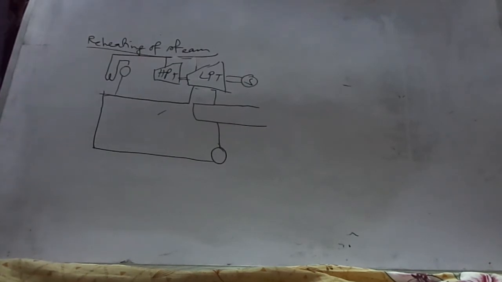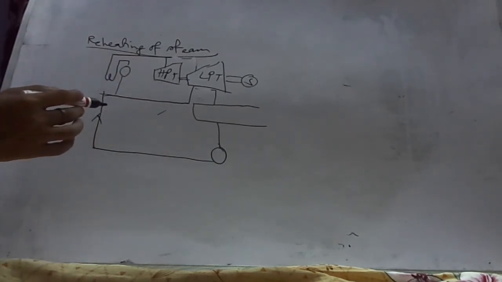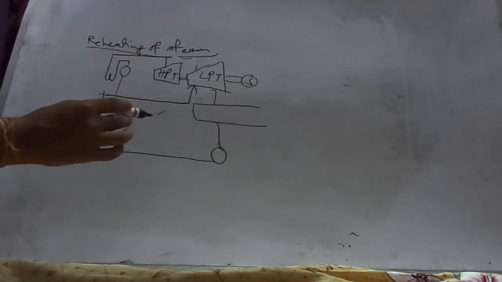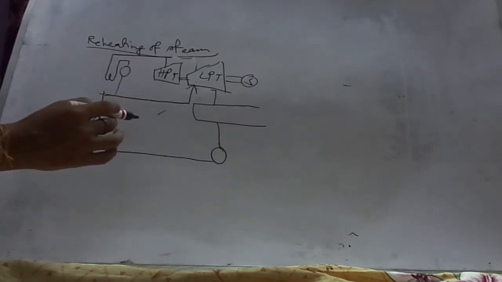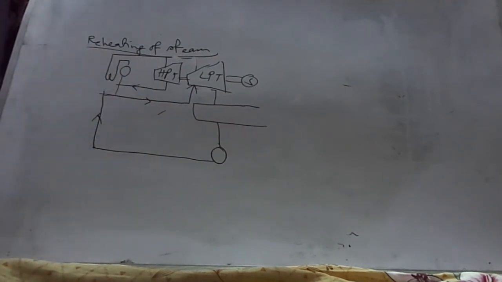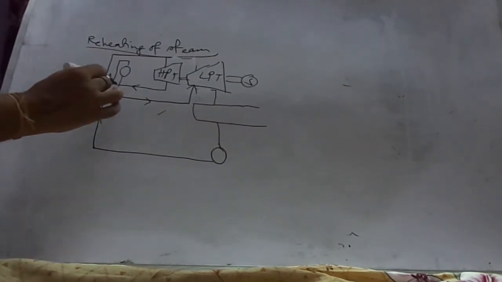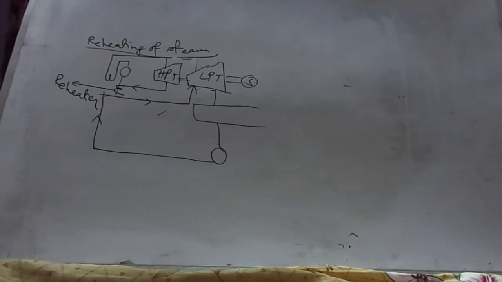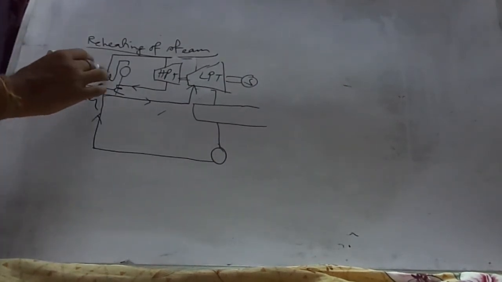Then this one goes to this, like that. This is the reheat. This portion is the reheater, again and again heating, RH. This is the SH.